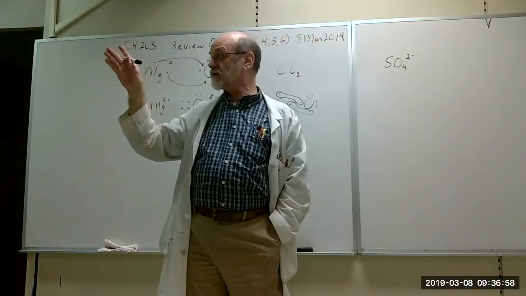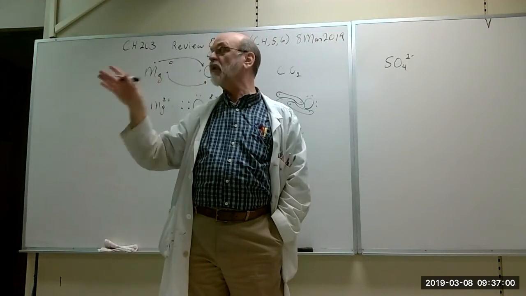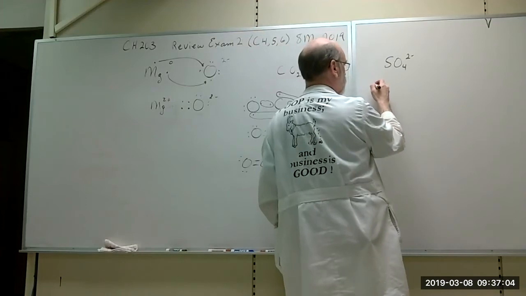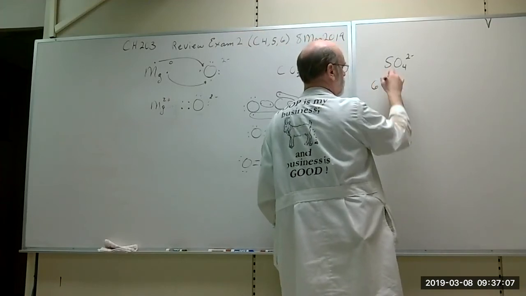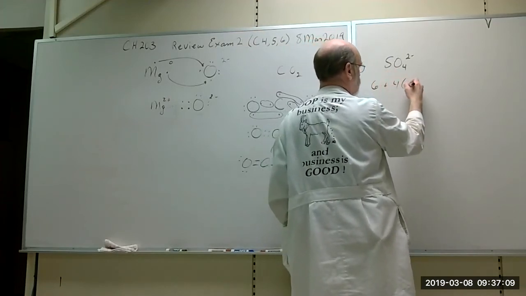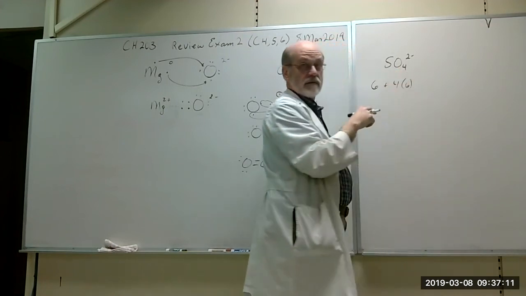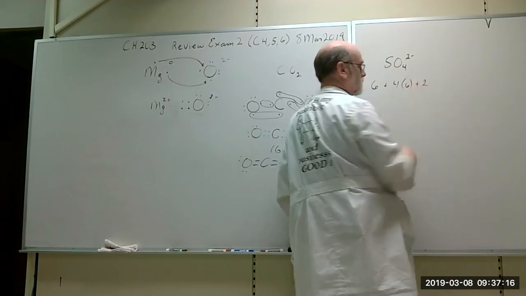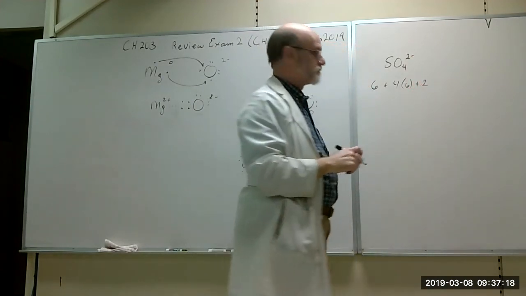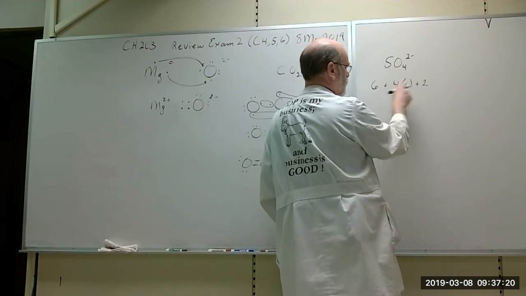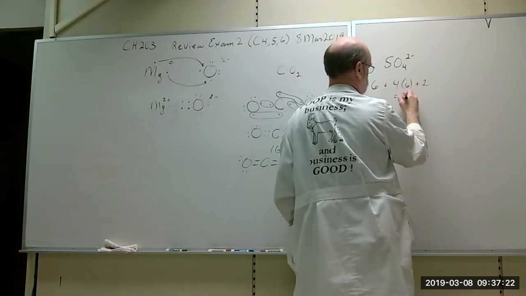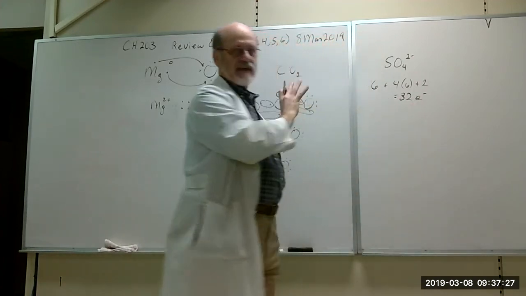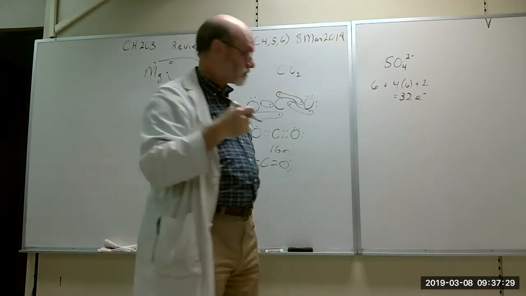Sulfur and oxygen are in the same family, so they're both going to have 6 electrons. So you have 6 electrons for sulfur, and then you have 4 times 6 for oxygen. And then you have 2 for that charge. Don't forget the charge. So this would be 32 electrons that have to be placed in that molecule.